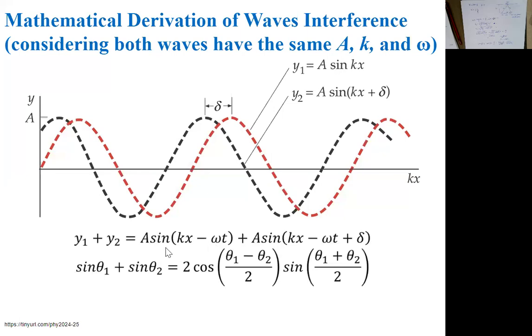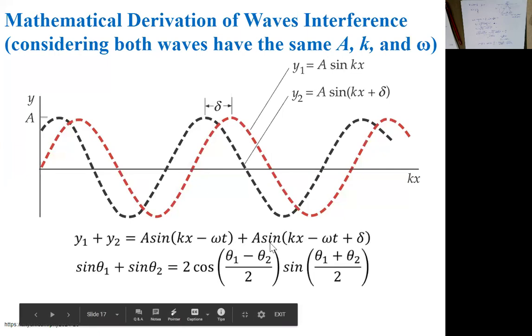All right, so then the two will add up algebraically. So that means you are doing sine of kx minus omega t plus sine of kx minus omega t plus delta. Okay.